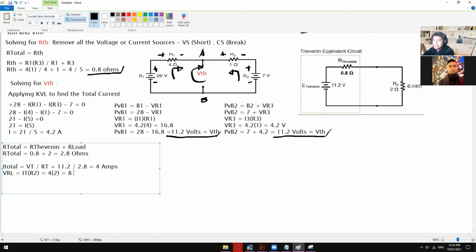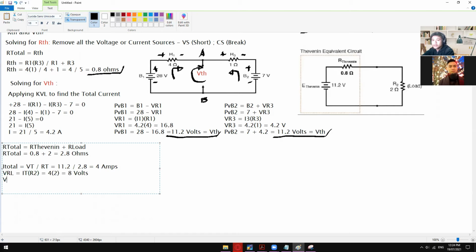So 4 times 2 is 8 volts. Knowing that we have 8 volts right here, we could simply say that R Thevenin has a voltage drop of 3.2.